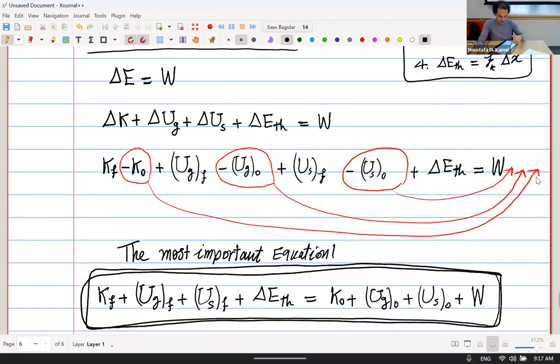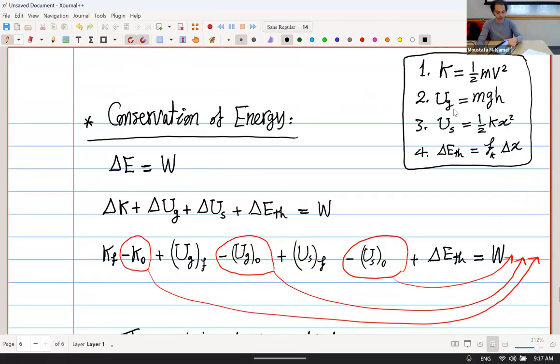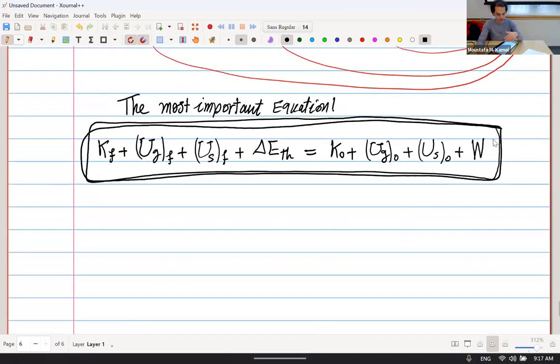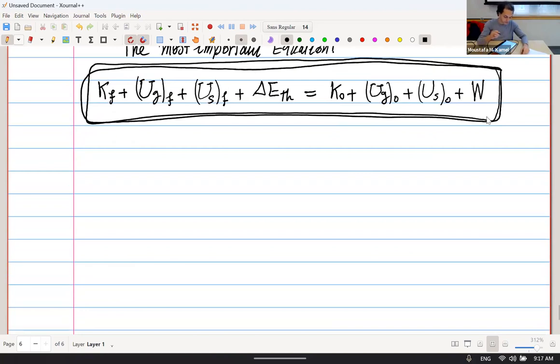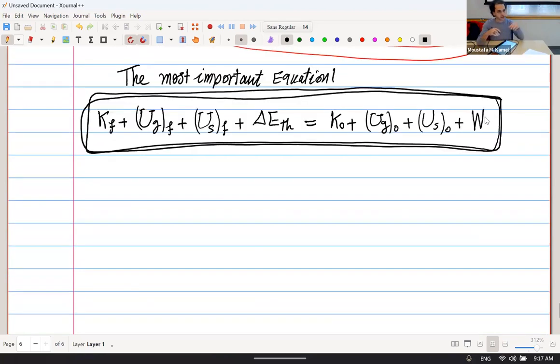Of course, you know the values above, K, U_G, U_S and delta E thermal, so you can just put these in and have numbers. Everything else I will say now is a special case of this equation. So let's see the three important cases for this equation.